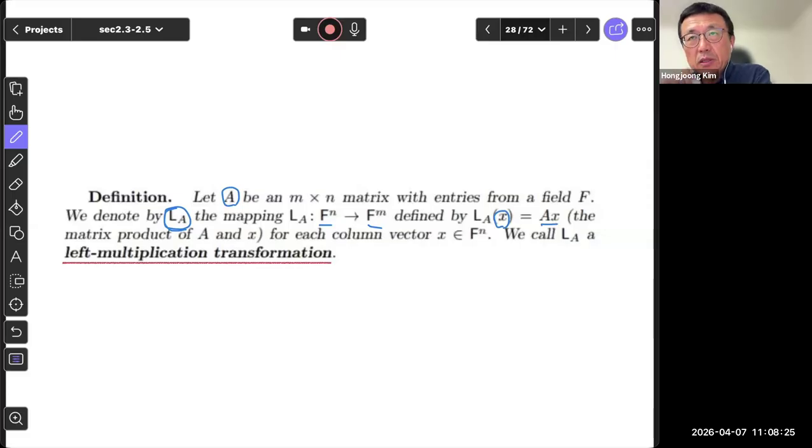This mapping will be called the left multiplication transformation, and symbolically we will use L sub A to denote this left multiplication operation.